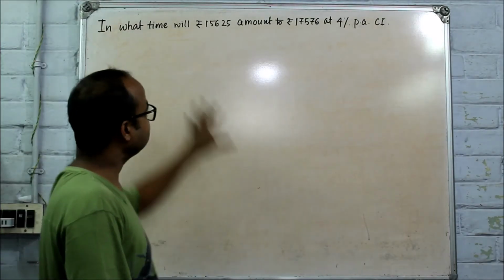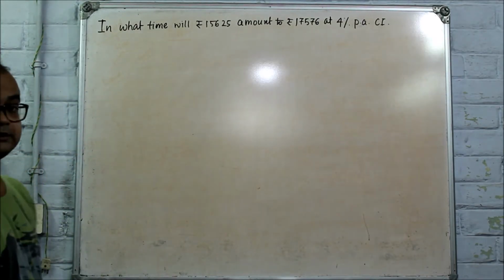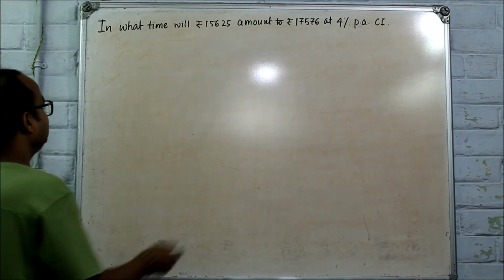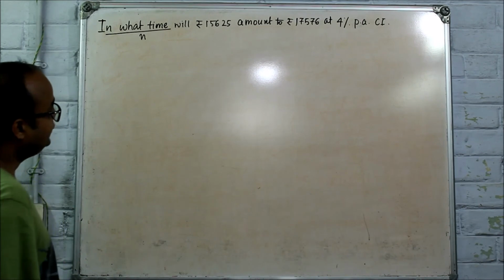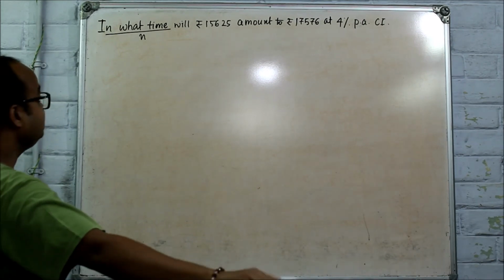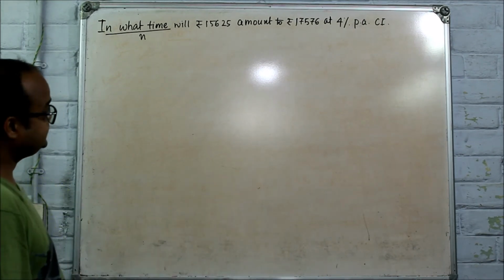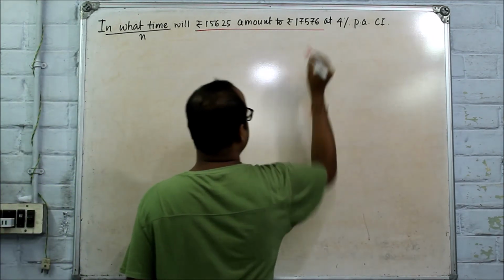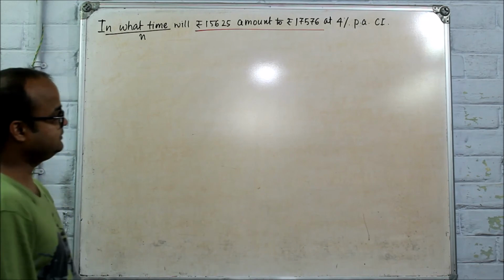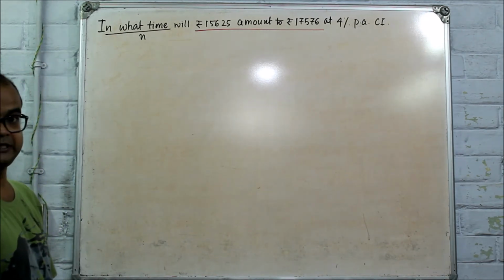Clear? This part calculation I have shown there for your convenience so that you can understand the entire calculation part. Now we are going to discuss this problem. In what time we have to find out n? Will rupees 15,625 amount to 17,576.